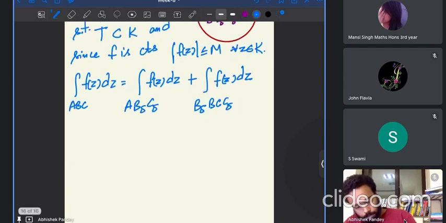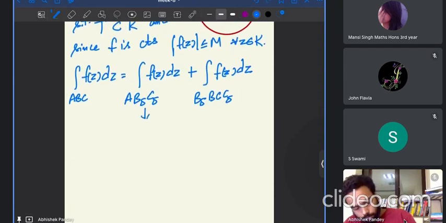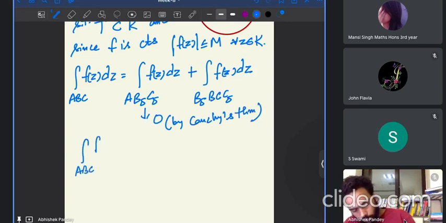Now this is 0 by Cauchy's theorem. So the integral over ABC of F(z) dz is basically equal to the integral over C delta of F(z) dz.